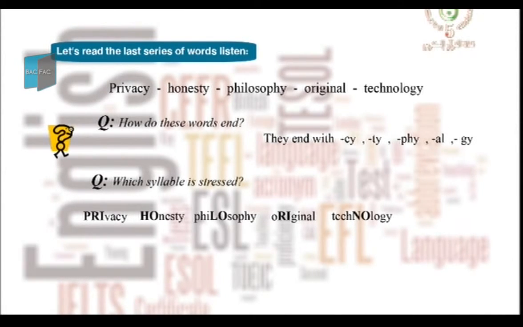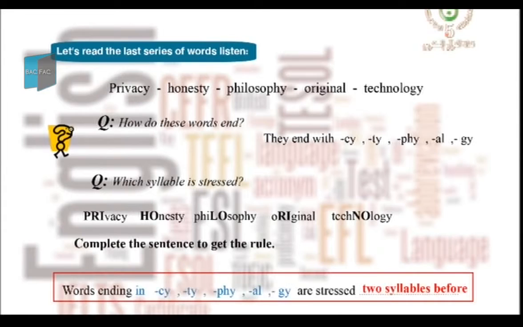Right? Complete the sentence to get the structure, or to get the rule, sorry. Yes. Words ending in C, T, F, L, and G are stressed two syllables before the end. That is, two syllables before the end.